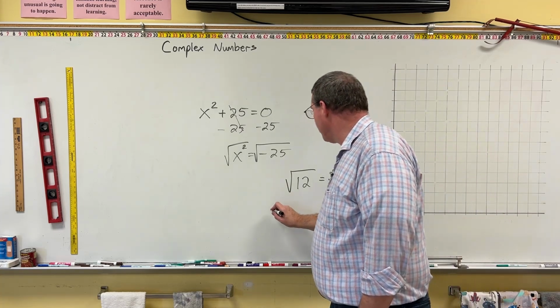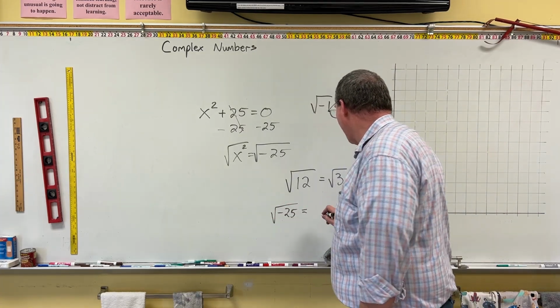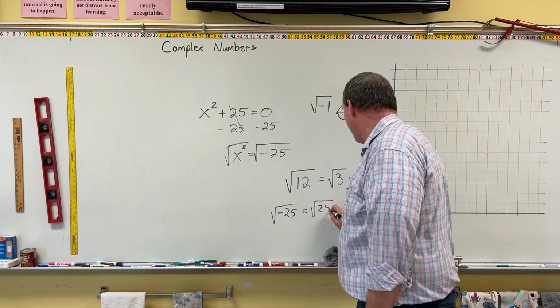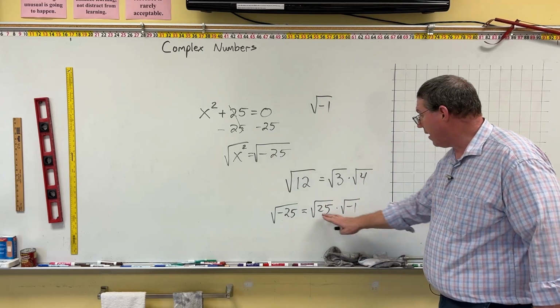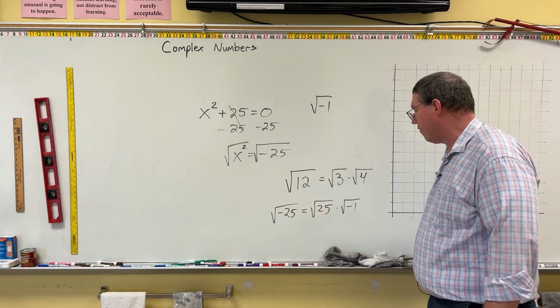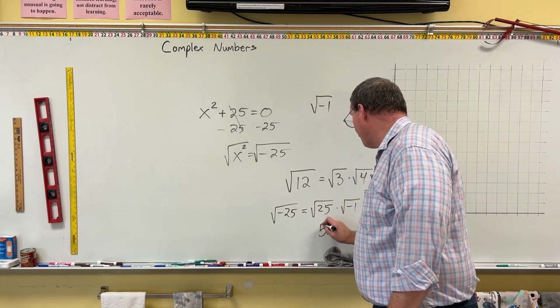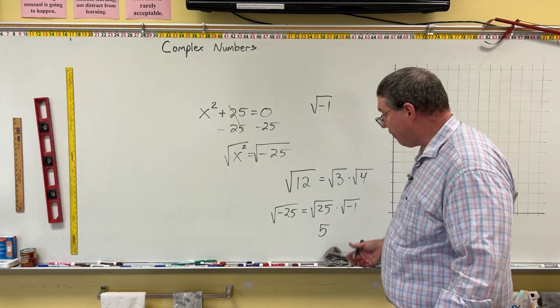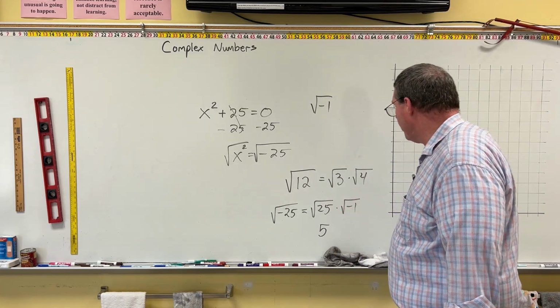So we can take this square root of negative 25 and write it as the square root of 25 times the square root of negative 1. And we know that negative 1 times 25 is negative 25. We can take the square root of 25. Square root of 25 is 5, or negative 5, but in this case we're just going to do 5. And then what do we do with the square root of negative 1?